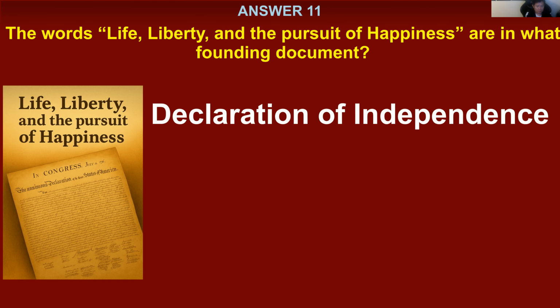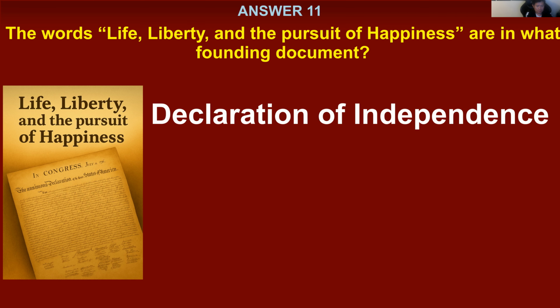Declaration of Independence. What is the economic system of the United States? Free market economy. What is the rule of law? Everyone must follow the law.